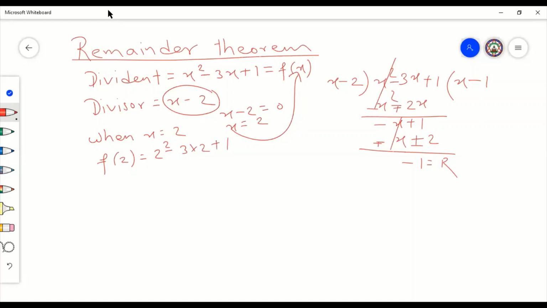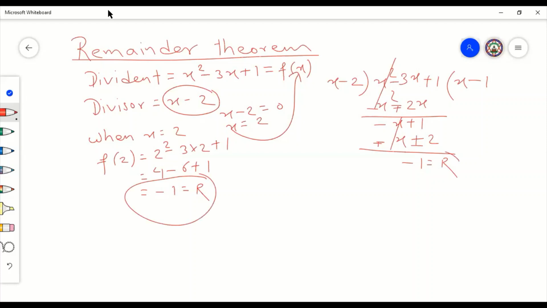When x equals 2, we get f(2) equals 2 squared minus 3 times 2 plus 1. This is 4 minus 6 plus 1, so we get the answer minus 1. This is also called the remainder. One time you can tally this answer and the earlier answer.